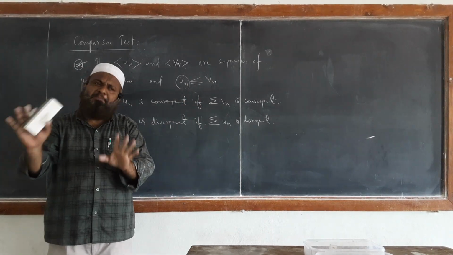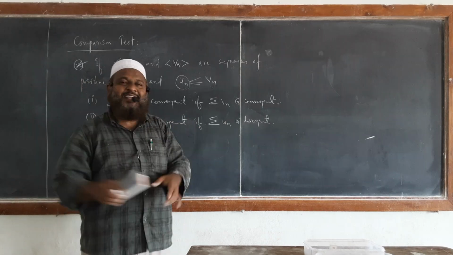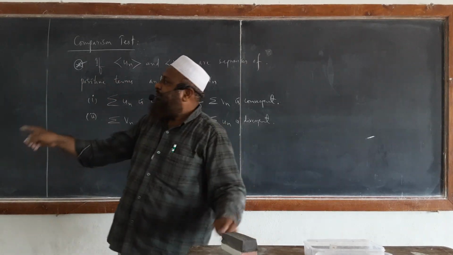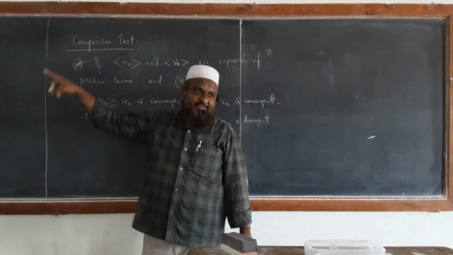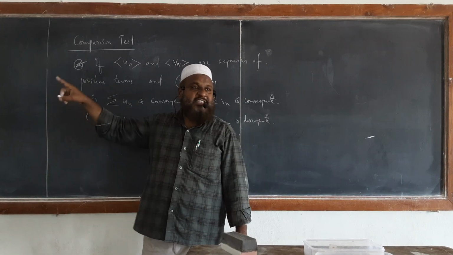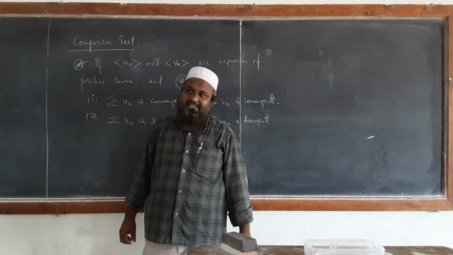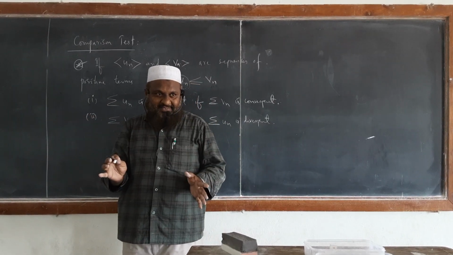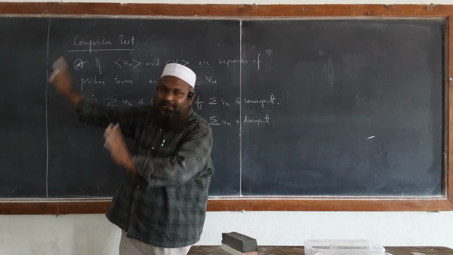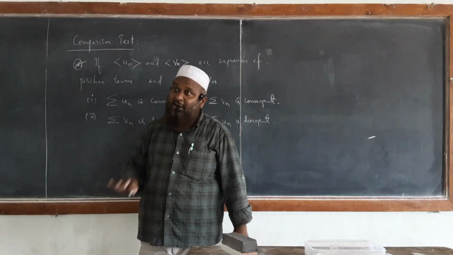I'll tell you a simple example. Keep it in mind. That room door is there. If the height is, for example, 6 feet. You brought an almirah that is 7 feet. That's not going through.